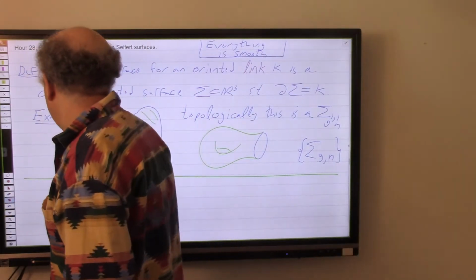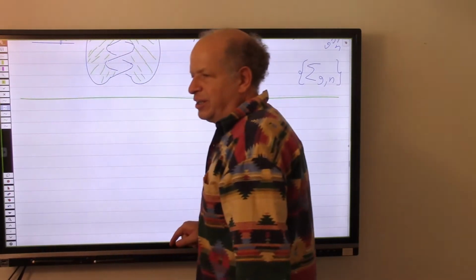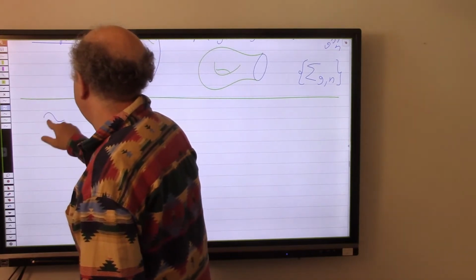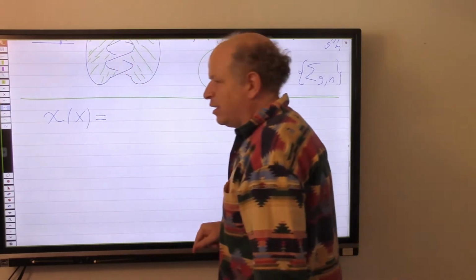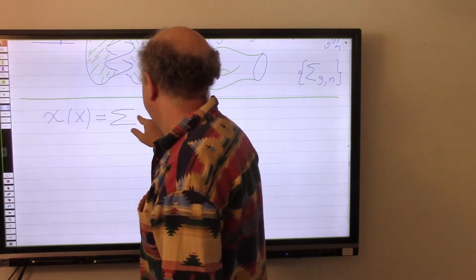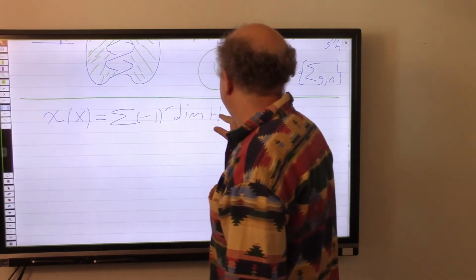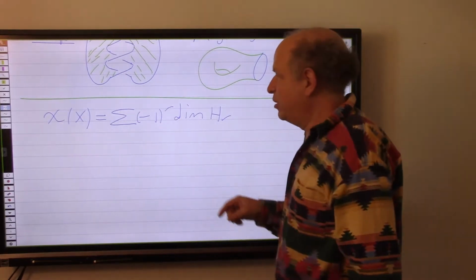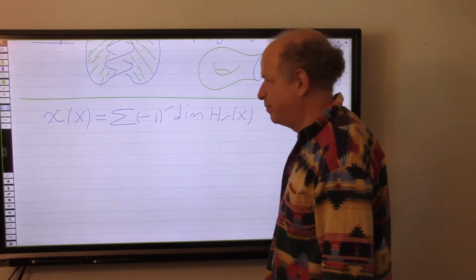So the known theorem I want you to rely on is the Euler characteristic. The Euler characteristic of, in fact, any topological space is equal to the alternating sum of the dimensions of its homology groups. And in fact, we've seen this when we talked about Khovanov homology, but it was not while talking about topological spaces.